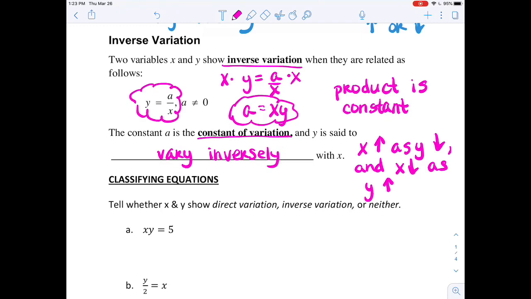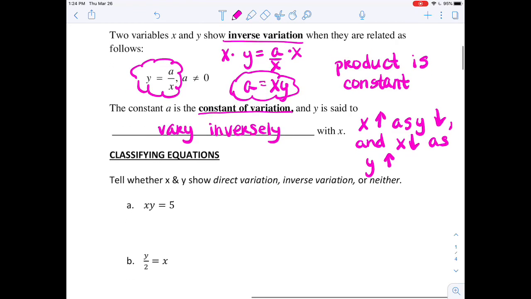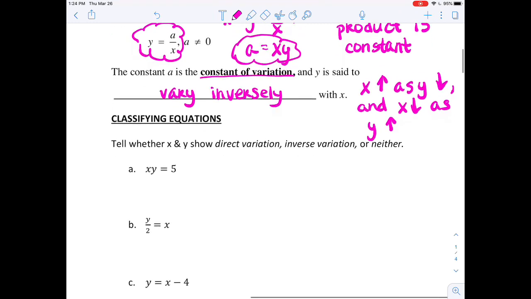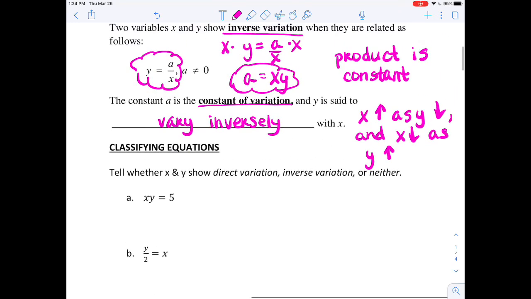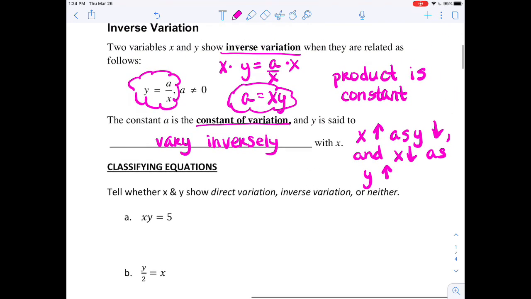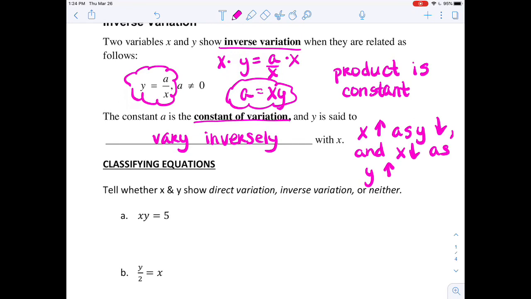So let's take a look at a couple of examples to help us determine whether we have direct or inverse variation. In the case of this first example, we can see that x times y is equal to 5. So x times y is equal to a constant value. This is our a right here.